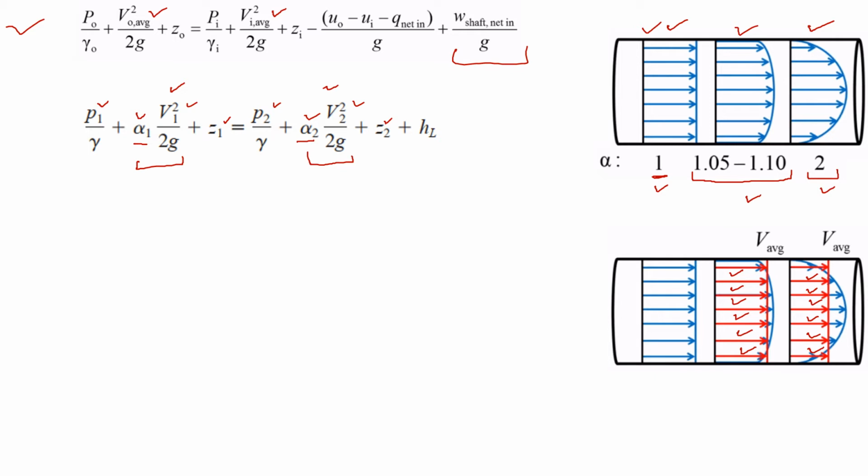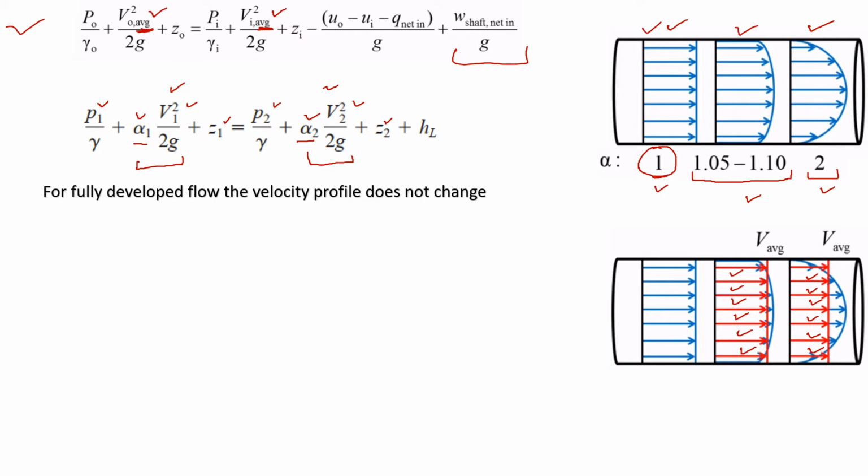As you see, the correction factor for a uniform flow is 1. So if I put 1 here, it does not have any significant effect on this kinetic energy. So this is why we take the average. We write average with the kinetic energy terms in this equation.